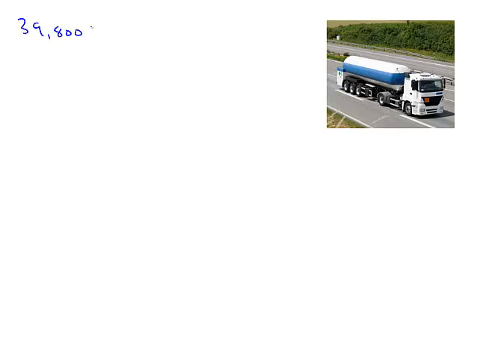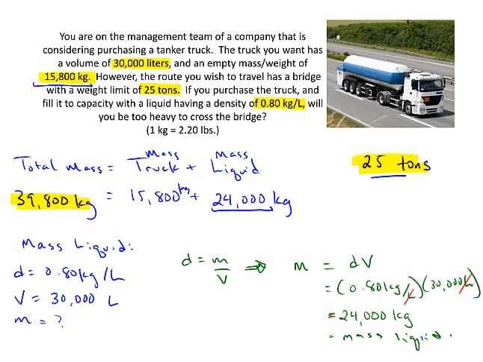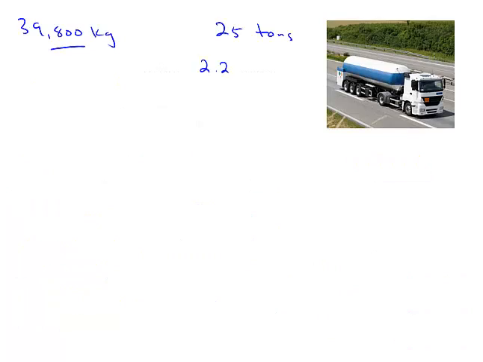39,800 kilograms was the mass of the full truck. 25 tons was the weight limit. And we said that, let me check that number, 1 kilogram was equal to 2.2 pounds. So 2.2 pounds equals 1 kilogram.